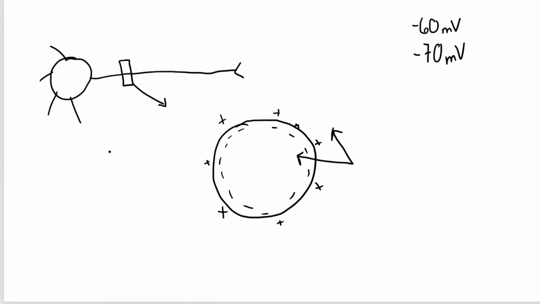And this is when the neuron is not receiving or sending information. So this is what we call the resting membrane potential. When we talk about membrane potential in general, we often refer to it as VM, the volts across the membrane.